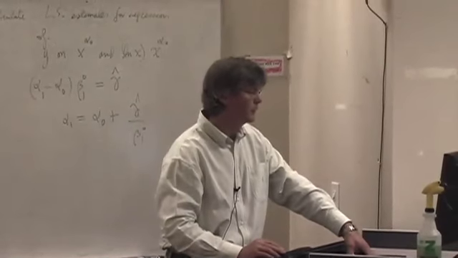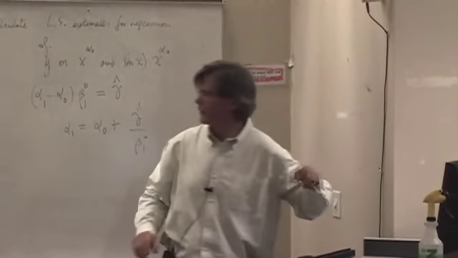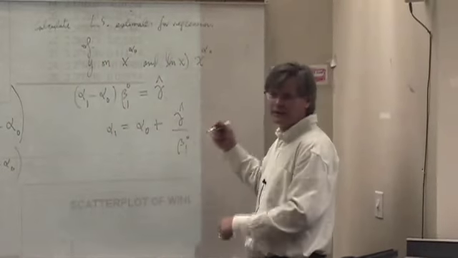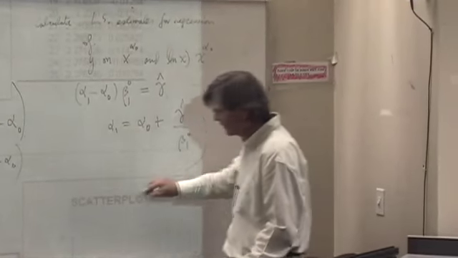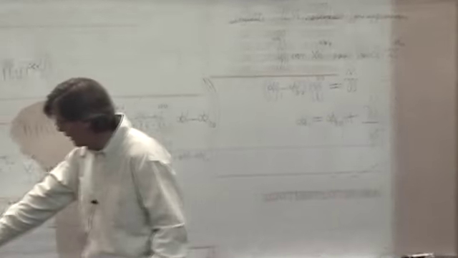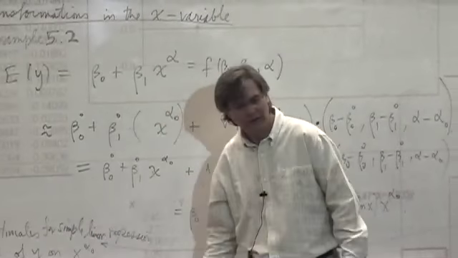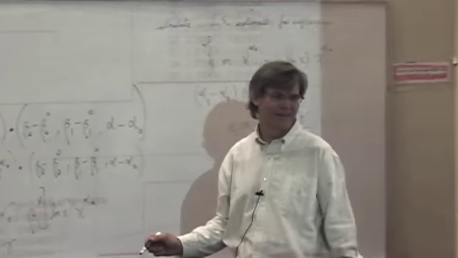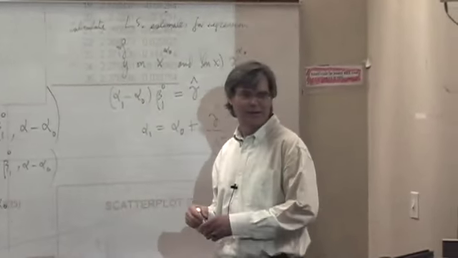Any comments about this? This is the iteration then. So I just go back here and replace alpha naught by alpha 1, and do the loop again. Is everybody following that?